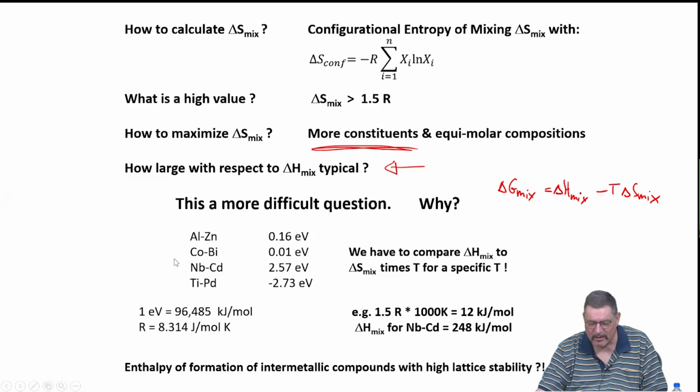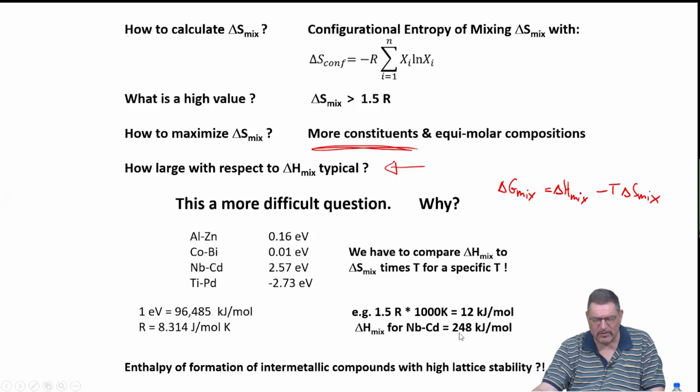It means you have to mix much more than 5 components to get into the same ballpark. Because if you have 1.5 R and you take a temperature, let's say 1000 Kelvin, something like a typical service temperature for an alloy, then you just get 12 kilojoule per mole out of the mixing entropy times temperature.